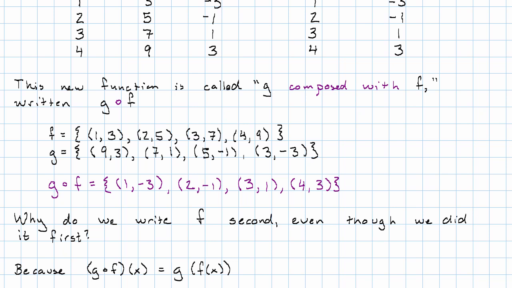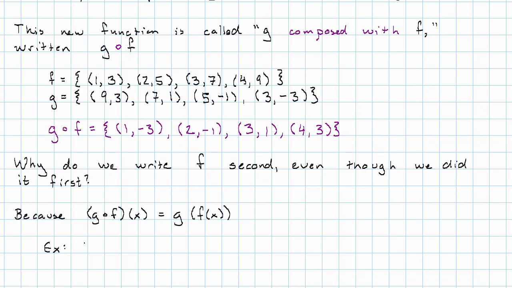What do I mean by that? Say we wanted to take our g composed with f and apply it to 3. According to the actual listing for g composed with f that we found, g composed with f of 3 is just 1.